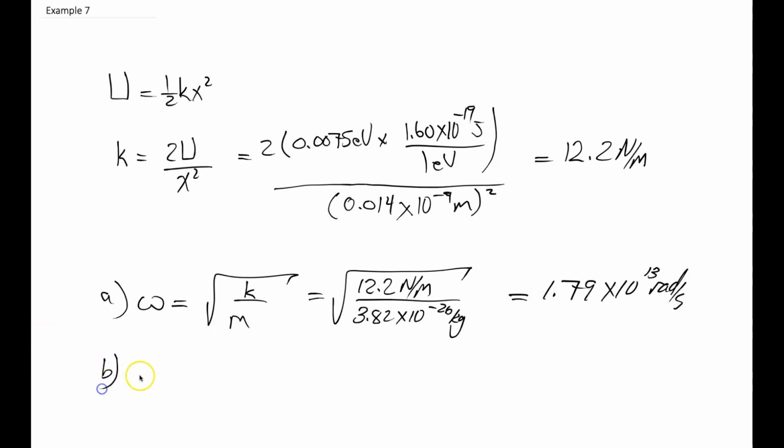For part B, the energy is given by (n plus 1/2) h bar omega for n equals 0, 1, 2, and so on.